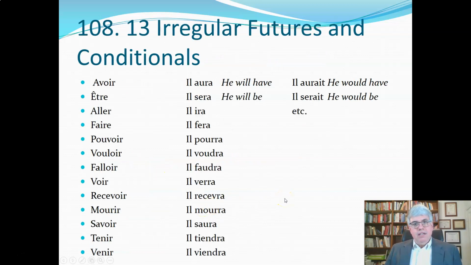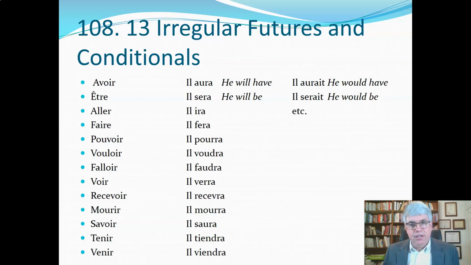Now, there are some verbs that are irregular in the future and the conditional. It turns out that the verbs that are irregular in the future are also irregular in the conditional, and they are irregular in the exact same way. They have a different stem. It's a single stem for every form of the future and conditional, so that doesn't change.